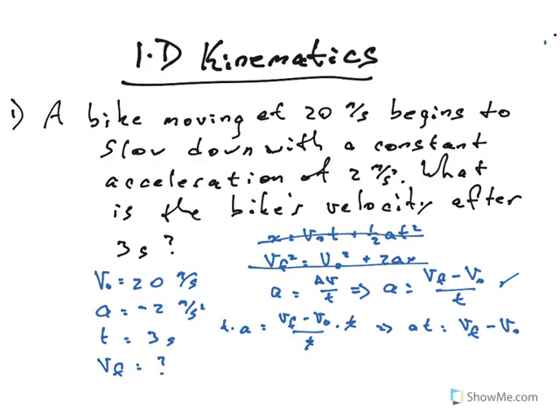All right, now what can I do? Again, I still want VF by itself. Well, I'm subtracting V naught on the right, so if I add V naught to the right and I add V naught to the left, that cancels it, and so now I'm left with VF equals V naught plus AT.